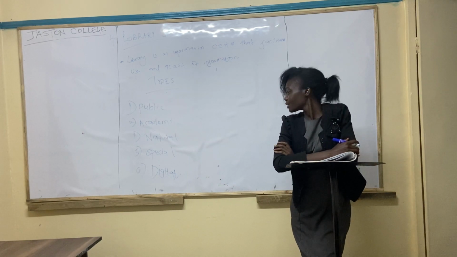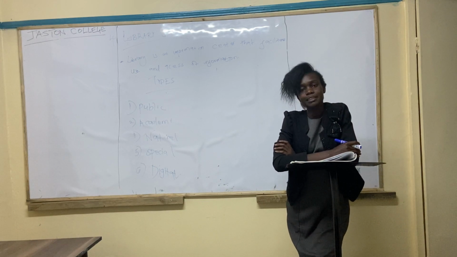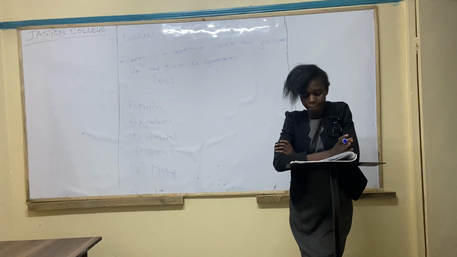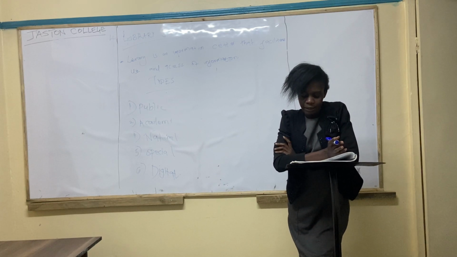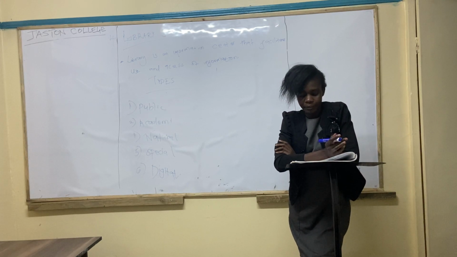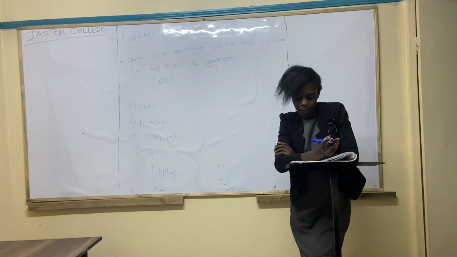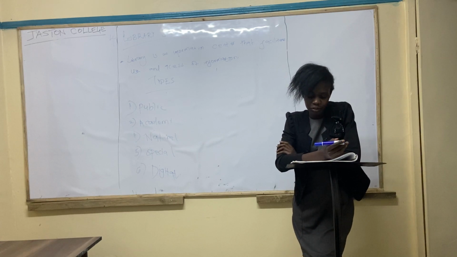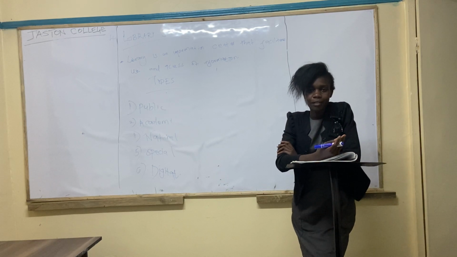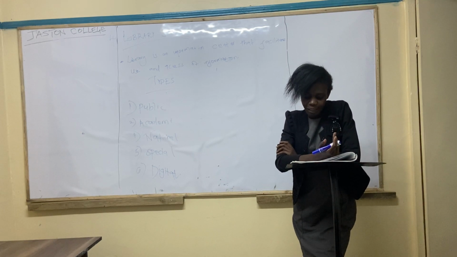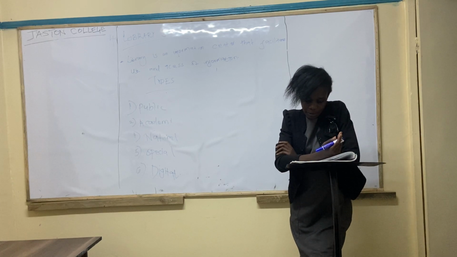We have special libraries. Special libraries serve a specific subject in a field. Let's say we have government ministries or parastatals or commercial concerns or international bodies like UNESCO, we have AMREF, we have ICRAF, and other bodies.